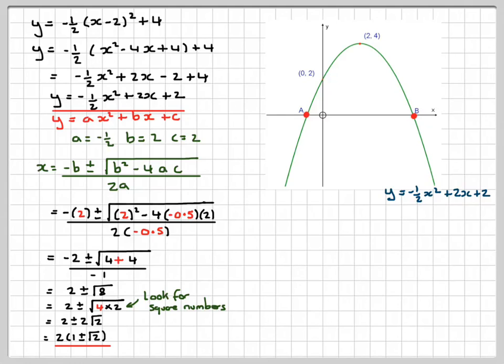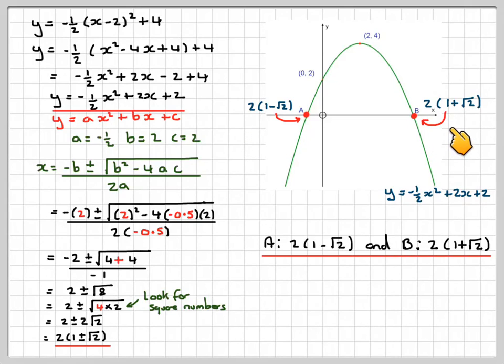So it's going to give me 2 brackets 1 plus or minus root 2. So A will be 2(1 minus root 2), and B will be 2(1 plus root 2). These are the x coordinates of A and B.